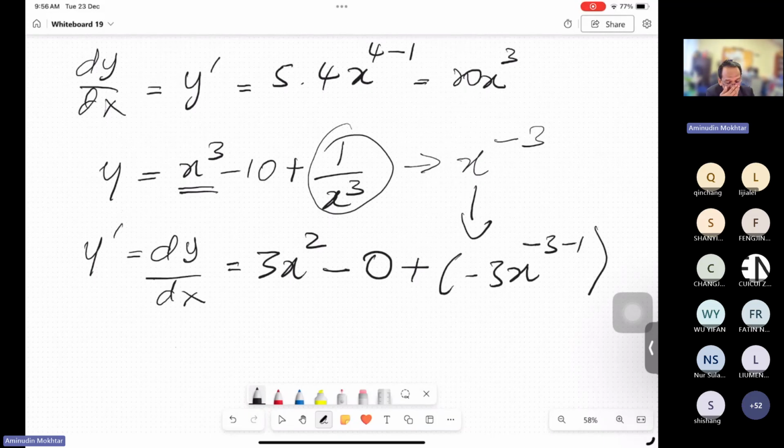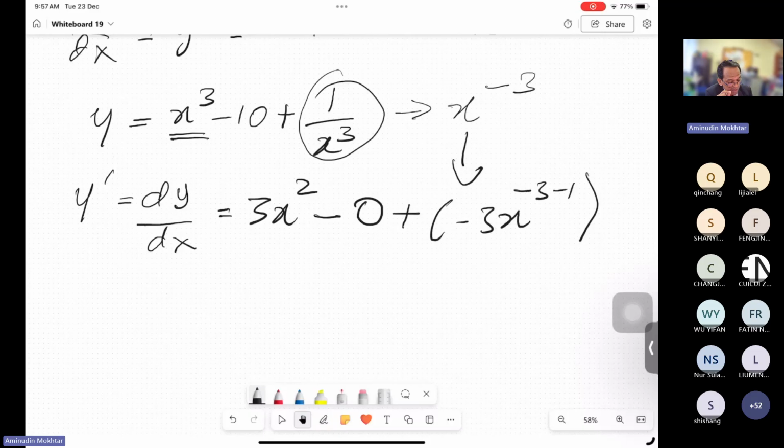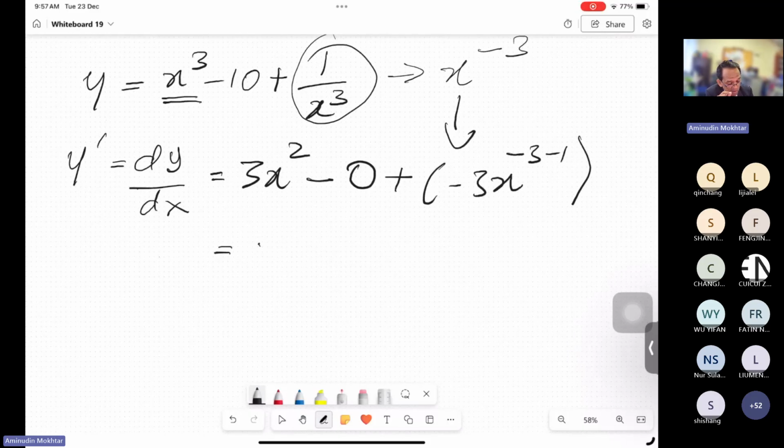Remember, when we calculate the derivative, the power of x reduces by 1; we subtract 1 from the original power. So the answer is 3x squared minus 0, and you can just ignore this number, plus negative 3x to the power of negative 4. That is the answer.